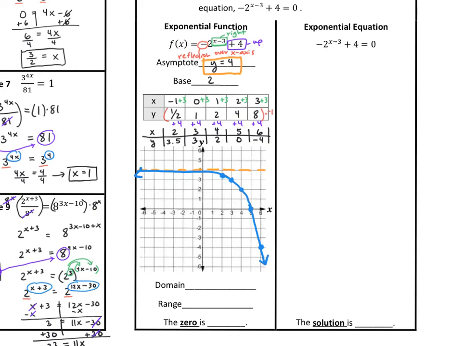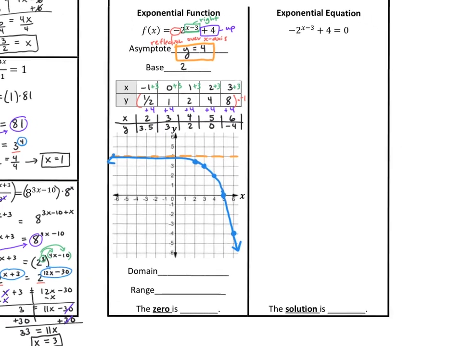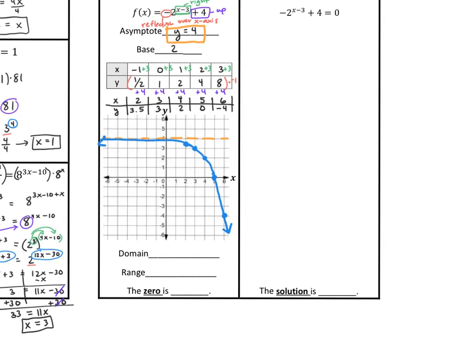What's the domain? What's the range? And what's the x-intercept? Domain. If I'm going from left to right, this arrow is going towards negative infinity. Then this arrow is going towards the right, towards positive infinity. The range, going from the bottom to the top.